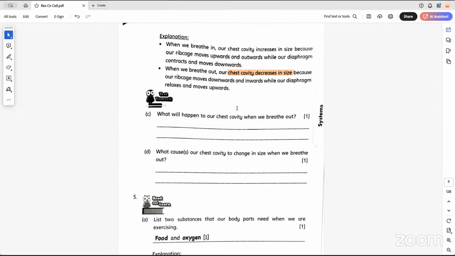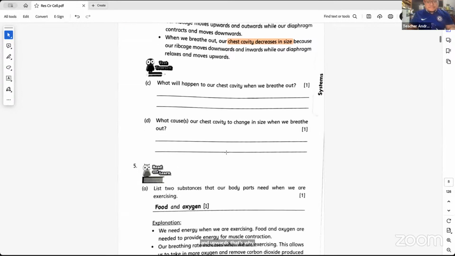Because our rib cage moves downwards and inwards while our diaphragm relaxes and moves upwards. That's the answer, teacher. Very good, that's fully correct. What causes our chest cavity to change is that our rib cage moves downwards and inwards, and our diaphragm relaxes and moves upwards. That's why it changed in size. Very good.